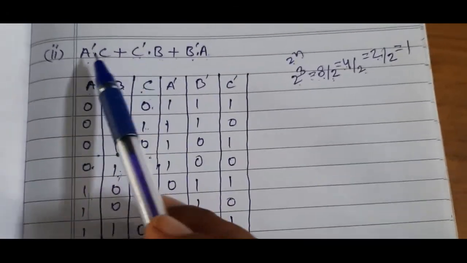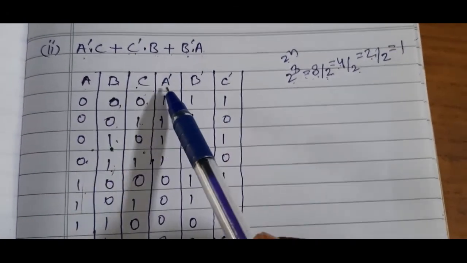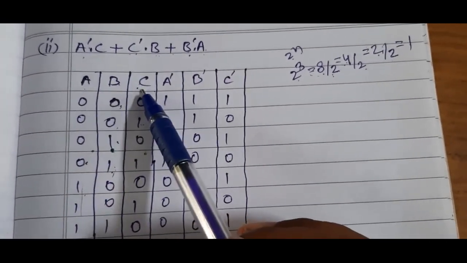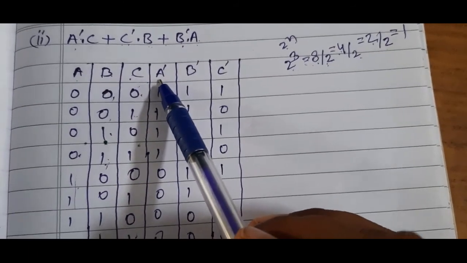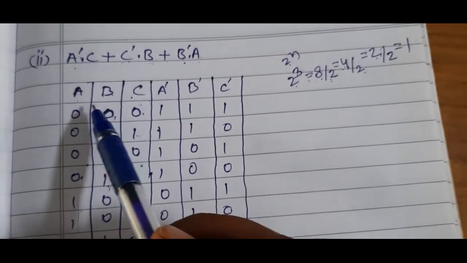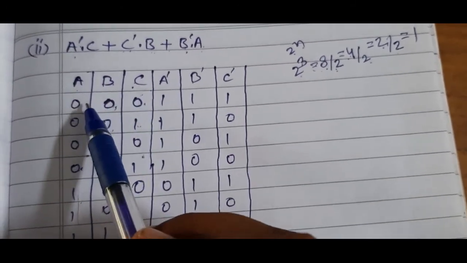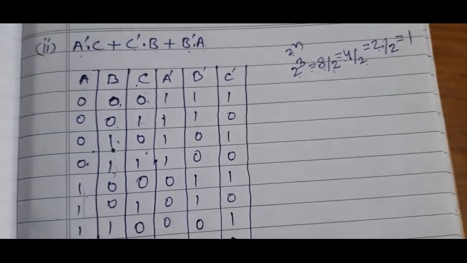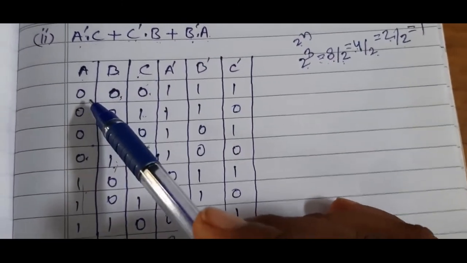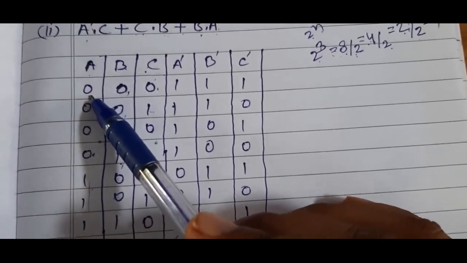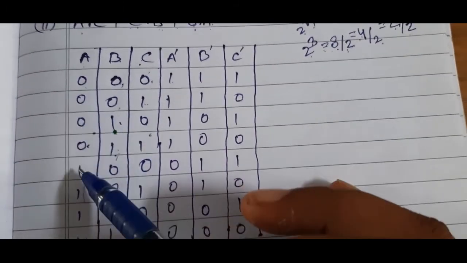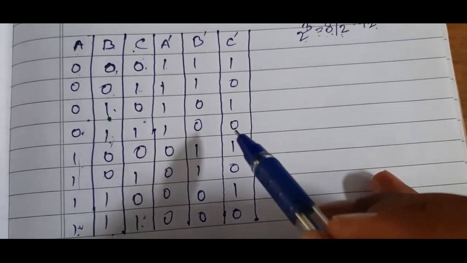After that, according to this equation, we also need the complements of each of the 3 inputs. So let's see the A negative, B negative and C negative. As I told you, all complements are just the opposite of the original input. If it is 0, the complement will be 1. If it is 1, the complement will be 0.